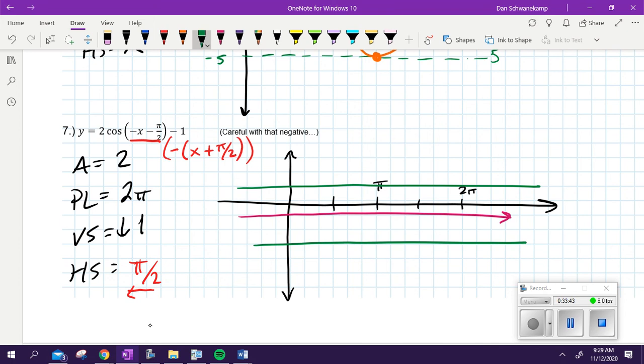I am shifting to the left pi over 2, so I'm right here at pi over 2. It is a cosine graph, so I'm going to start down here at the bottom, and then go middle, and then go top, and then go middle, and then go bottom. There's my graph. No, I don't know why I started at the bottom. Just kidding. That's what I get for going quickly. That's my graph.